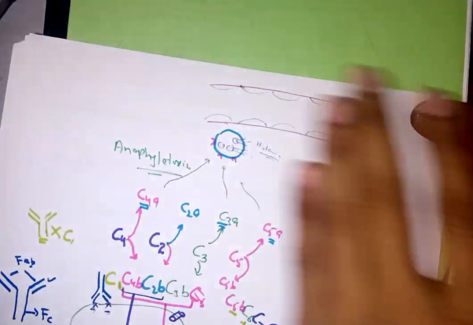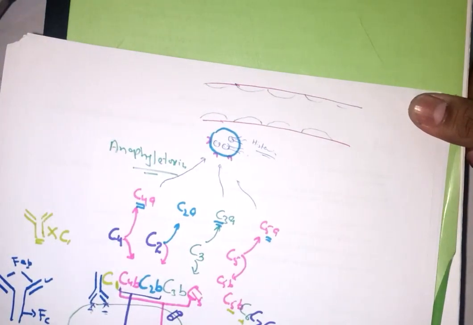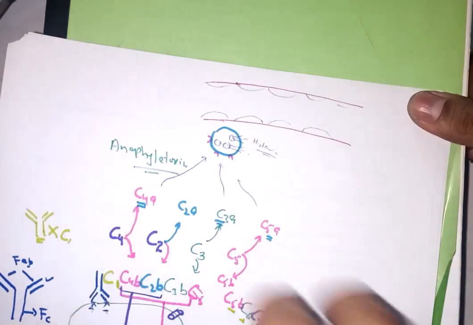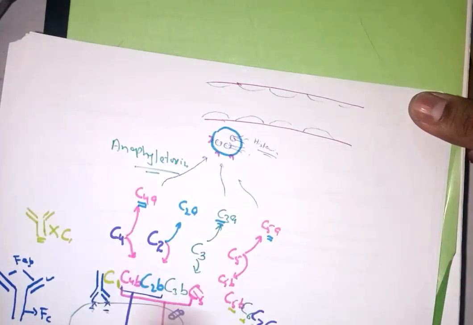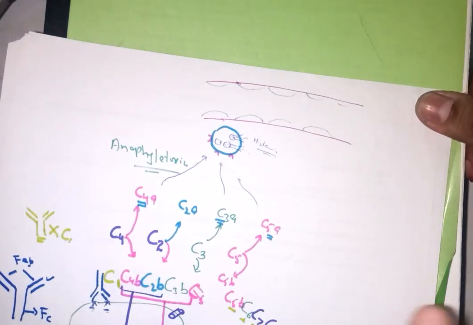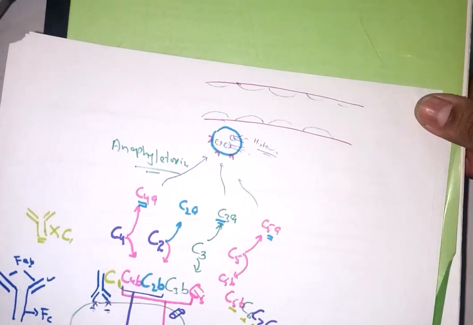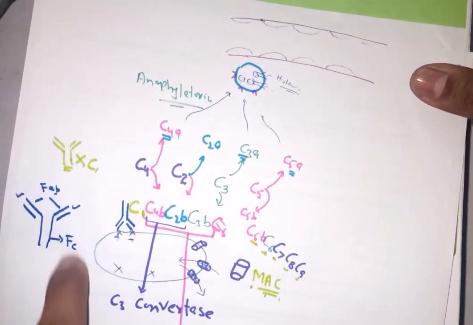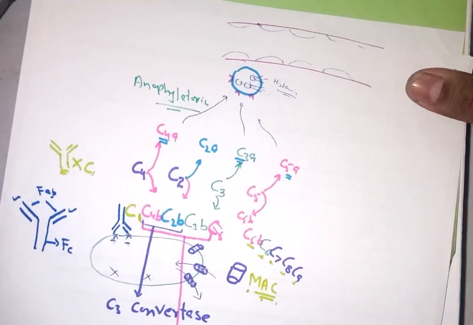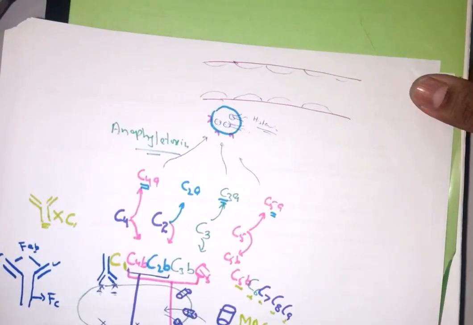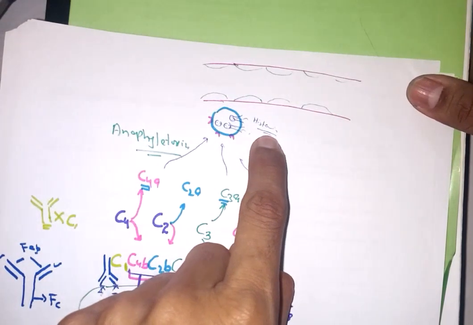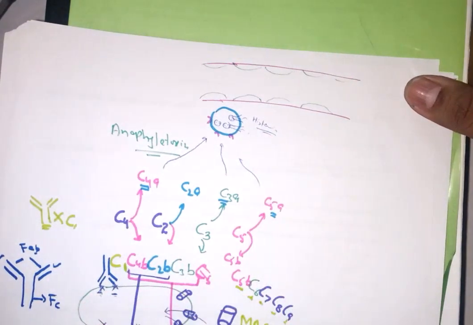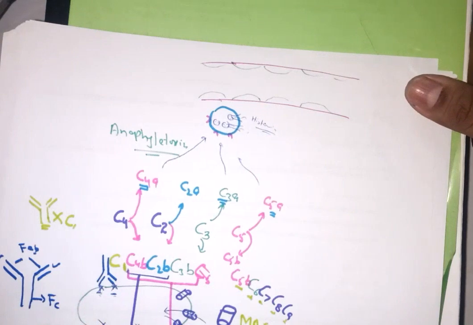So more blood will come toward this side. And why do we need more blood? Obviously because when the blood is more, the nutrition, the protein, the antibody, all these complement proteins and even the leukocytes will come more toward these sites, which is required because the bacterial infection has happened on these sites. So we need more blood flow, and this will be done by the histamine. Histamine will cause smooth muscle relaxation of the blood vessel, which will cause more blood flow.